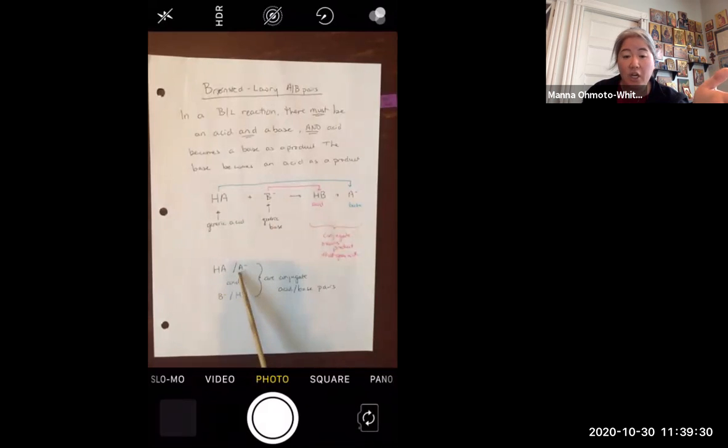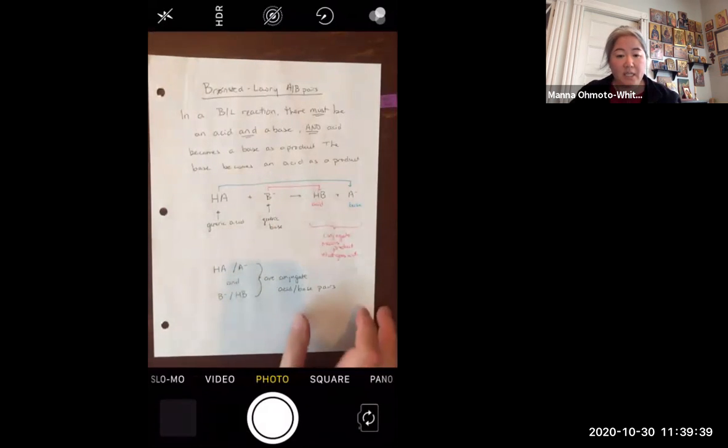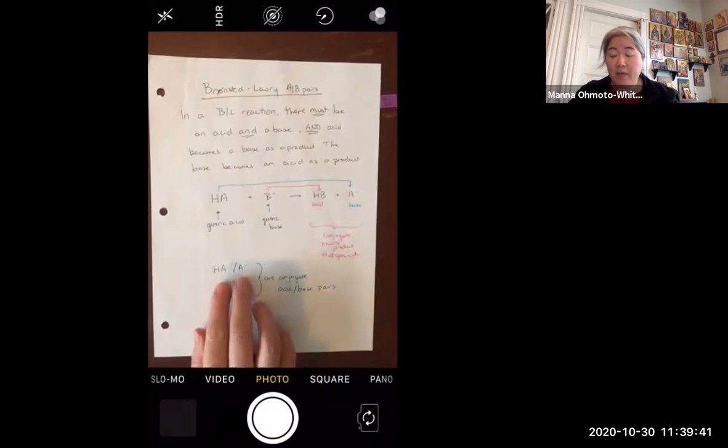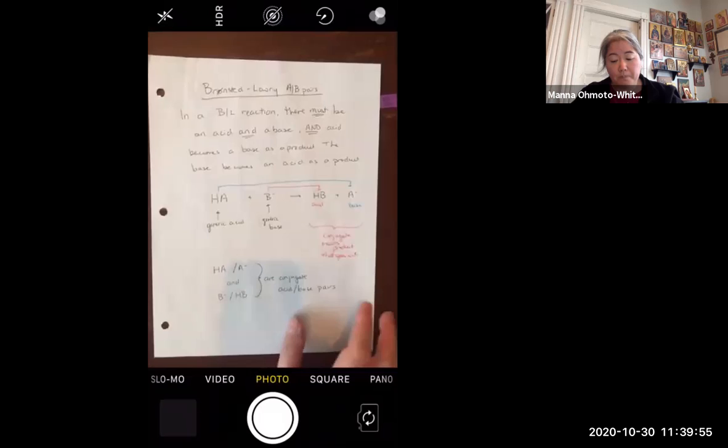Acid creates a conjugate base, base creates a conjugate acid when it's received that proton. So these are called conjugate acid-base pairs. They differ by one proton. The acid has that proton, the conjugate base doesn't. And here my base doesn't have the proton, but when it's gained it, the conjugate acid has that proton.